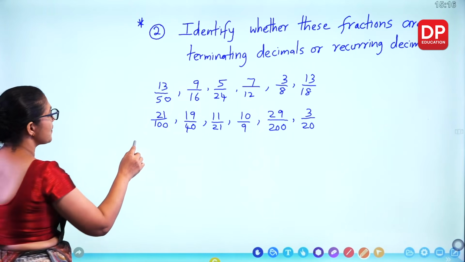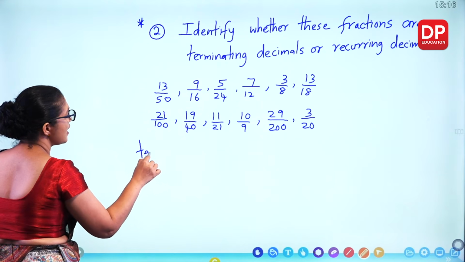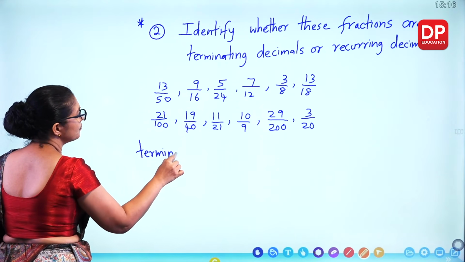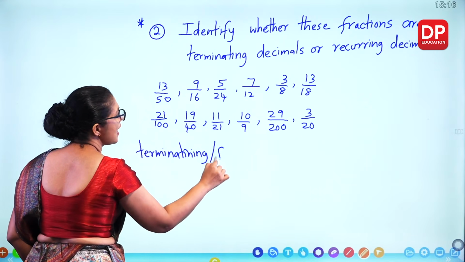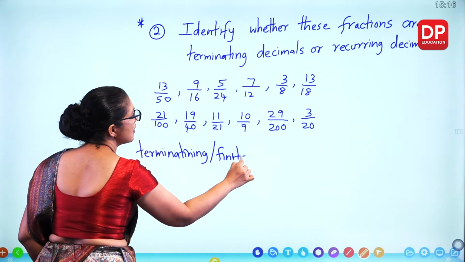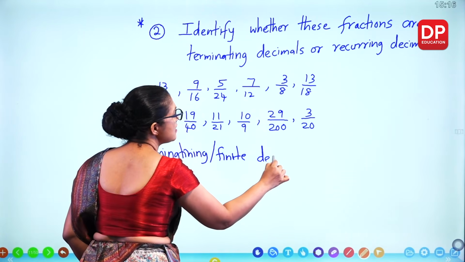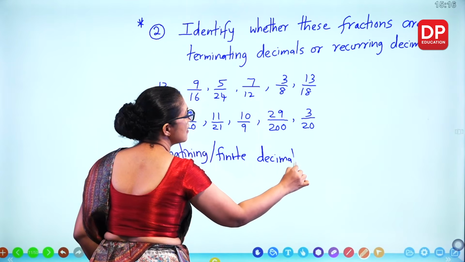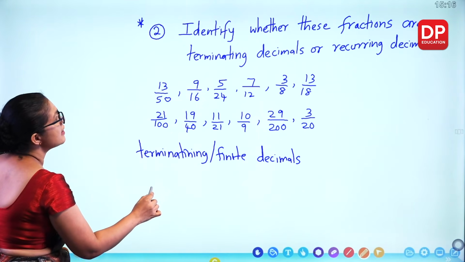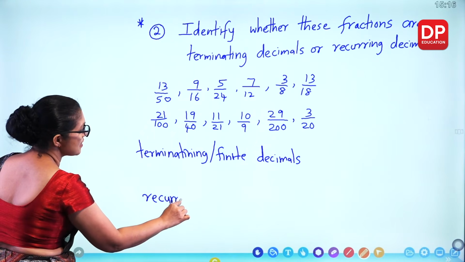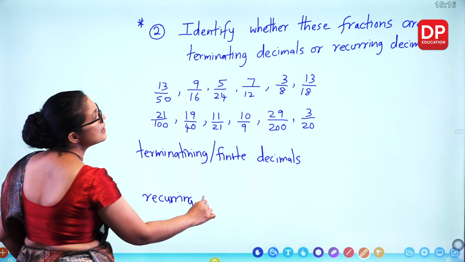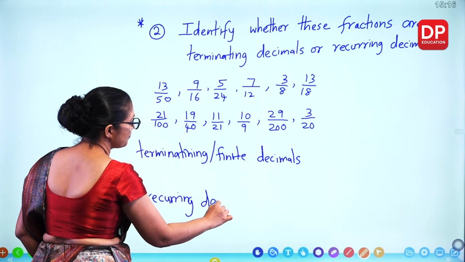So here terminating, or we can write finite decimals, and we can tell what are recurring decimals at once by looking at the denominator.